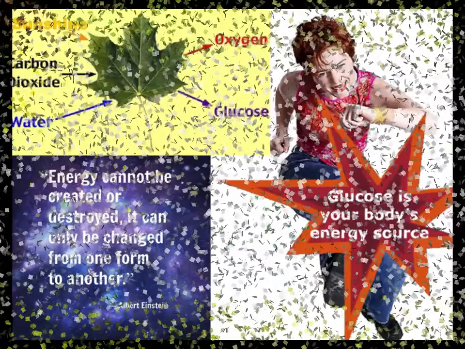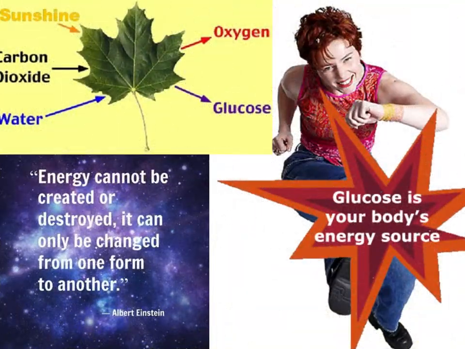So, once we attach sunshine to air and water, sweetness comes out of that. Not only sweetness, but sweetness and energy and life. So the sweet sugar, glucose, is our body's energy source.